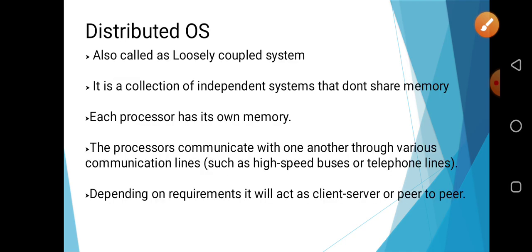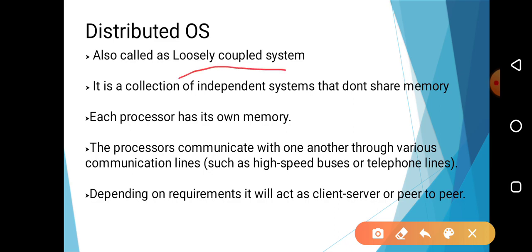The next type of OS is the distributed OS. Another name for distributed OS is loosely coupled. In the case of multiprocessor, it is tightly coupled because there are multiple processors within one system.